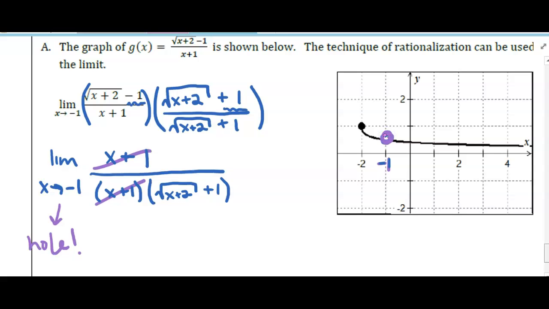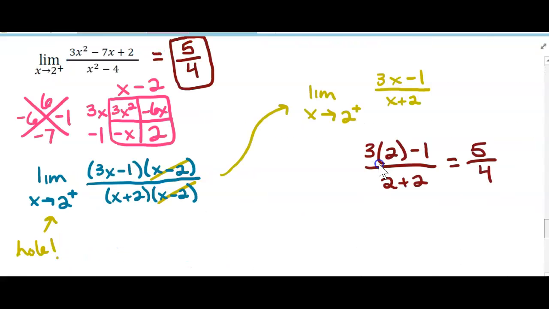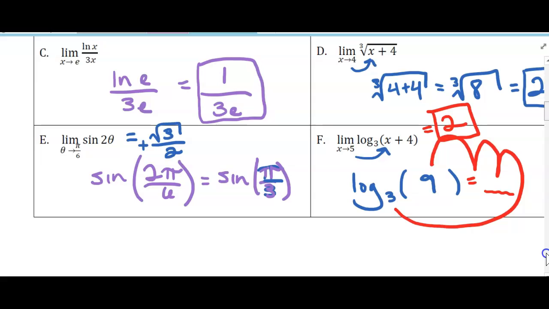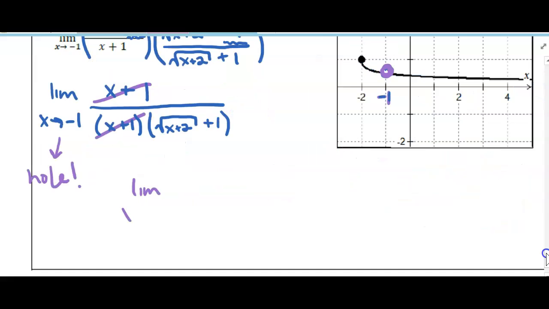And so now I get to go way back again to step number 1 now that we factored, and I get to do direct substitution to finish this off. All right, so I have the limit as x approaches -1. All that's left in my numerator is just 1, over the square root of x plus 2, plus 1.